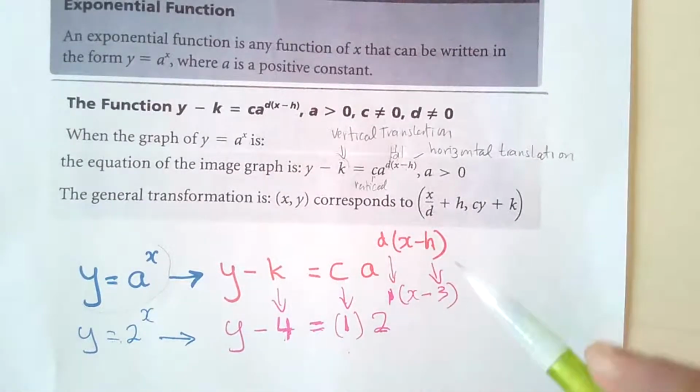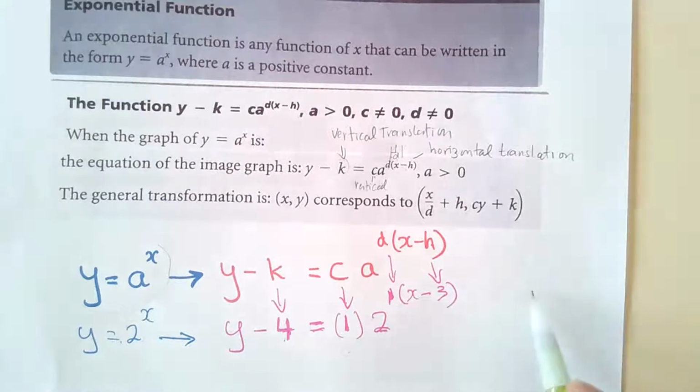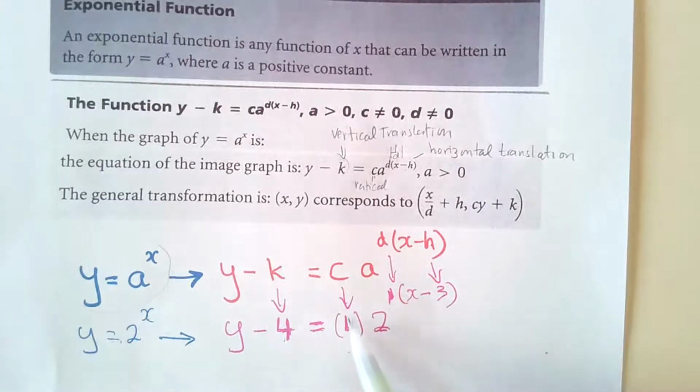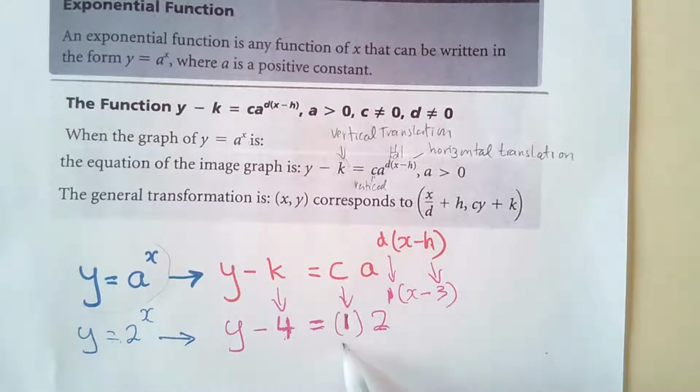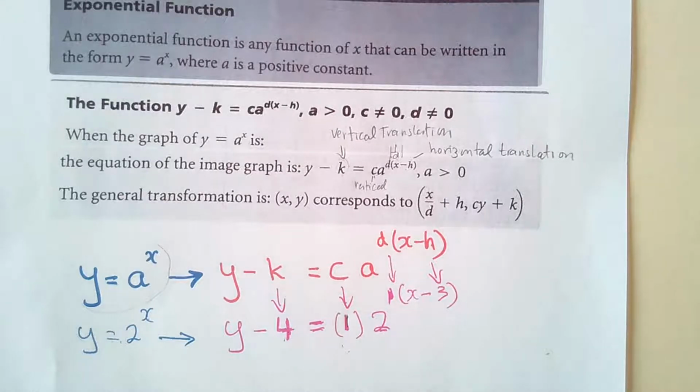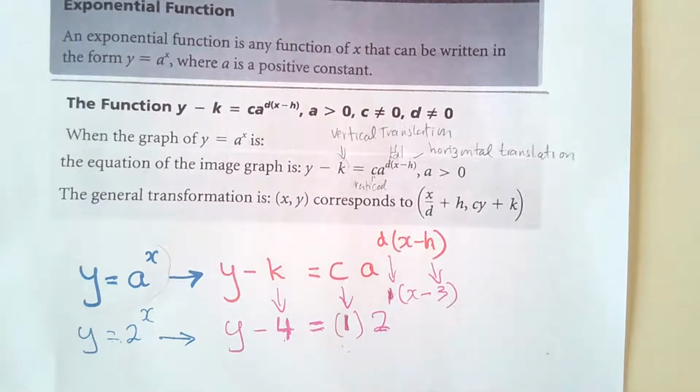Then you have a horizontal shift, 3 units to the right. Notice the c is 1, so there is no compression. It's the same as before. If this was 2, then you have a stretch. If it's a fraction, you have a compression. The d is 1, so there's no horizontal compression or stretch.